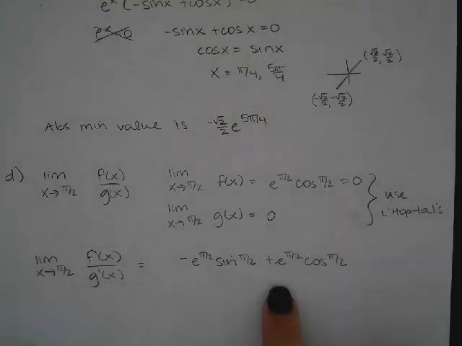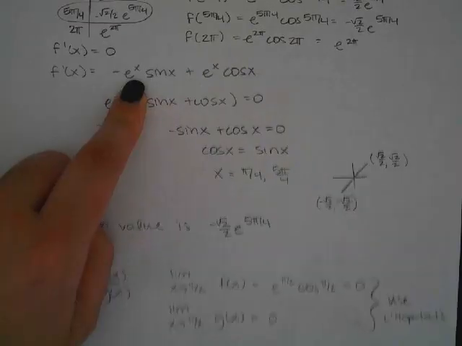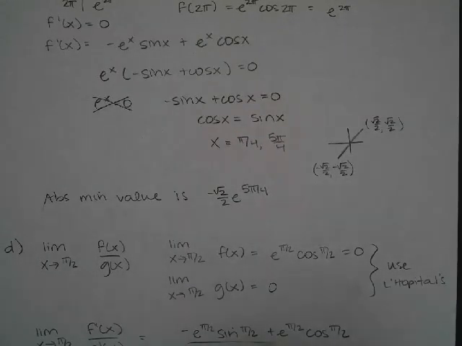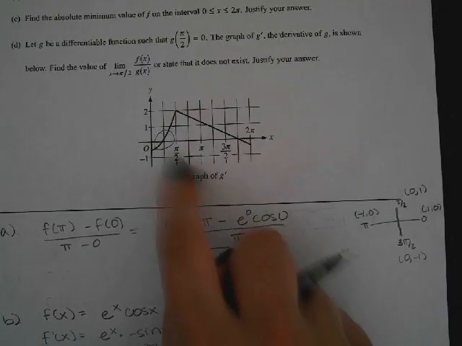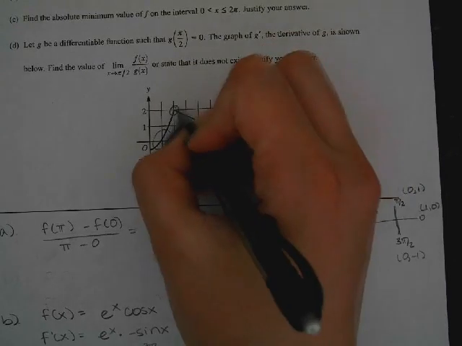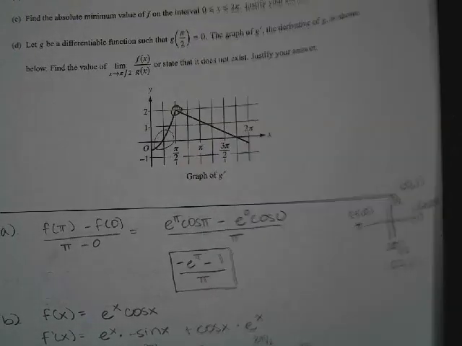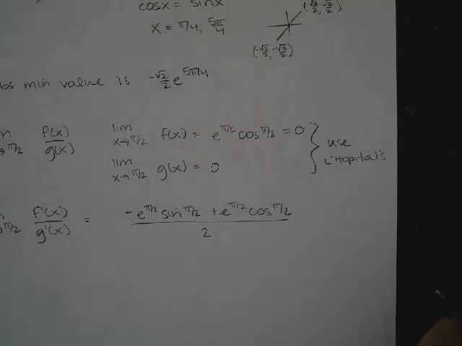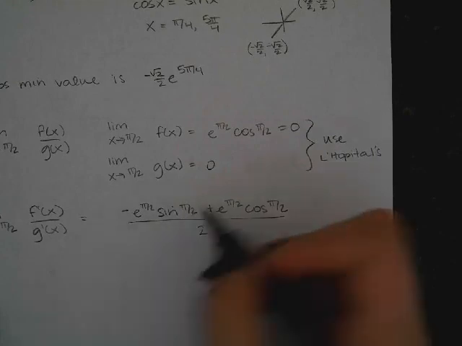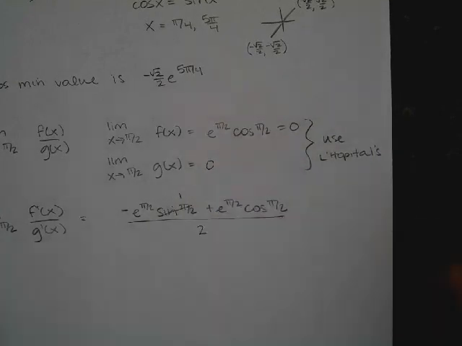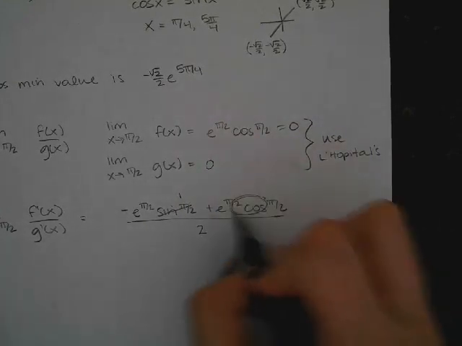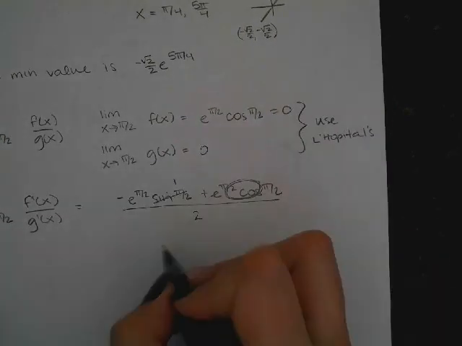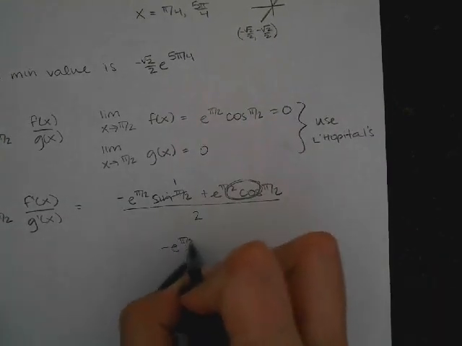So I'm just using the derivative, which I have written up here for part C. And then g prime of pi halves, here's g prime of pi halves is 2, so that's the reason they gave you that graph. Divided by 2. And then sine of pi halves is 1. Cos of pi halves is 0, so that zeroes out that whole thing. So we end up getting negative e to the pi halves over 2.